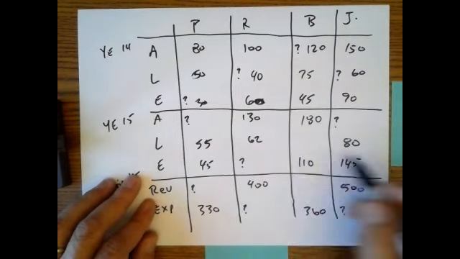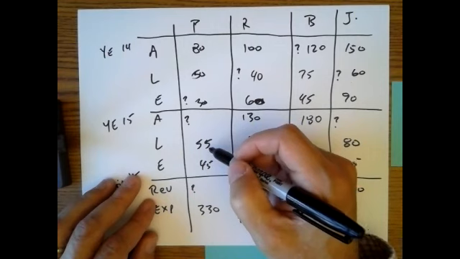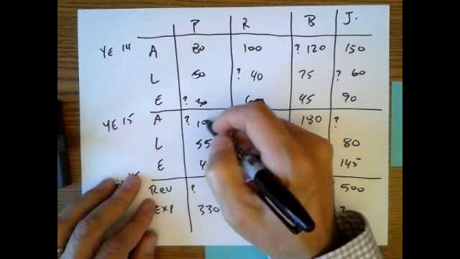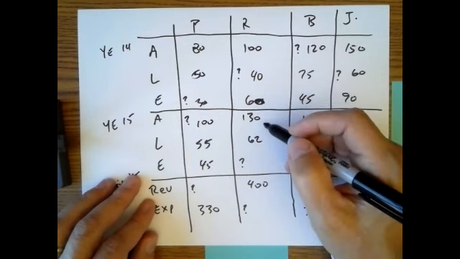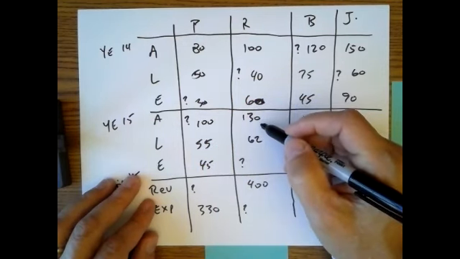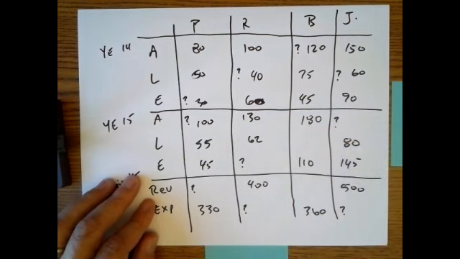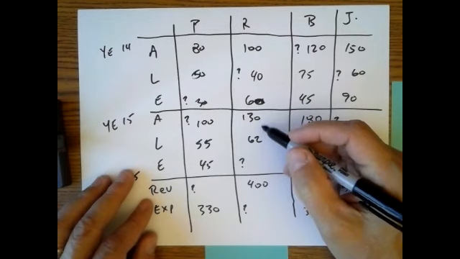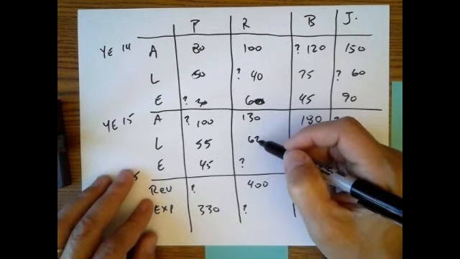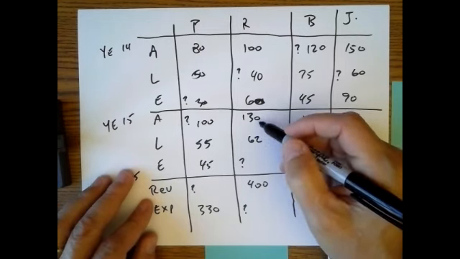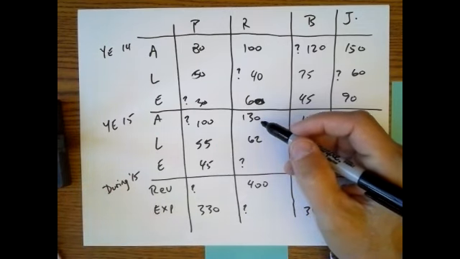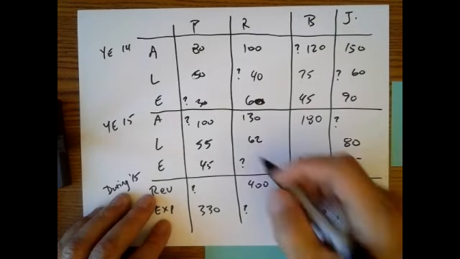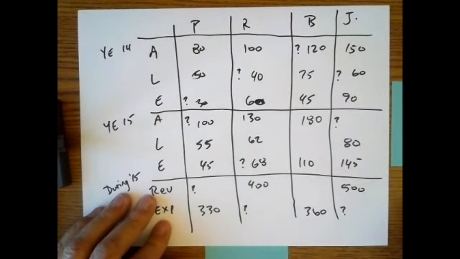Same problem basically for this row as well. If we had 55 and 45 of liabilities and equity, then we must have had 100 in assets. If we have 130 in assets and 62, did I write that right? Yep, 62 in liabilities, then 130 minus 62 gives us 68,000 in equity.